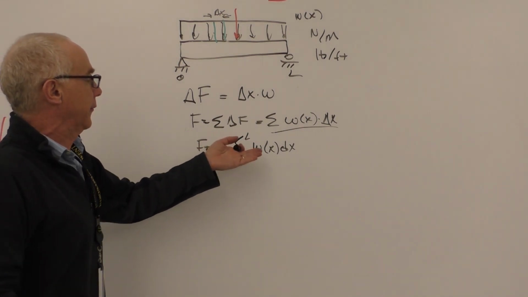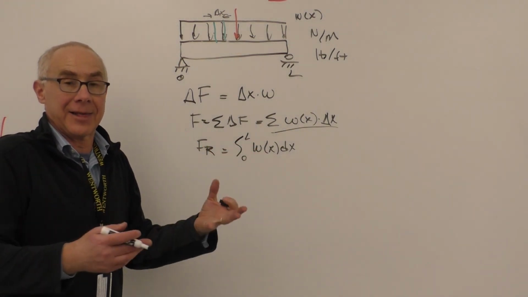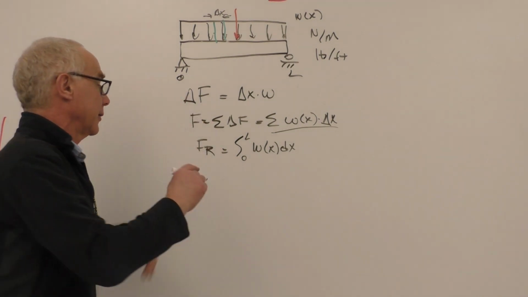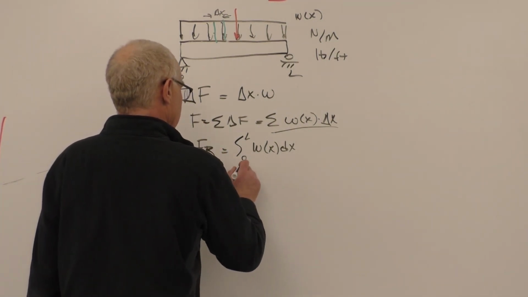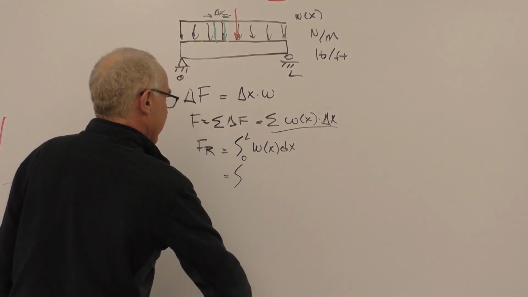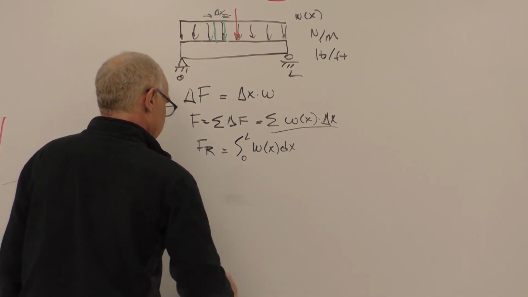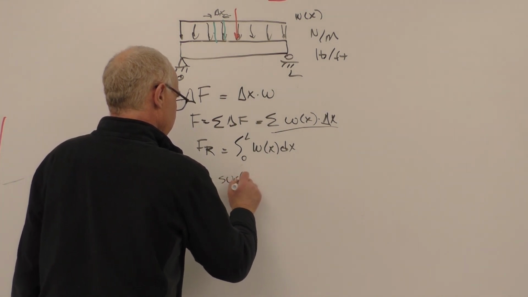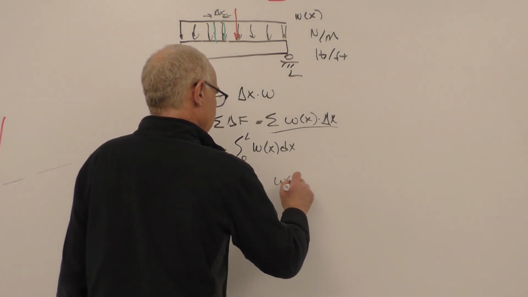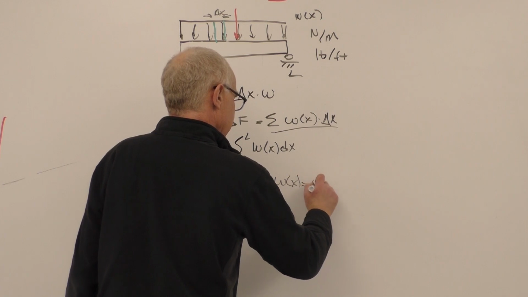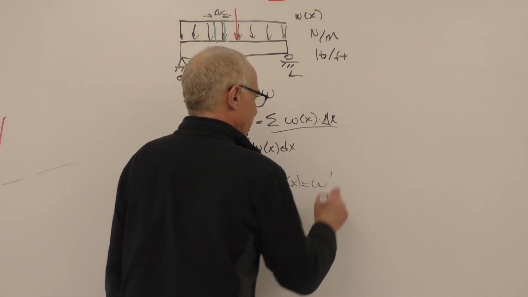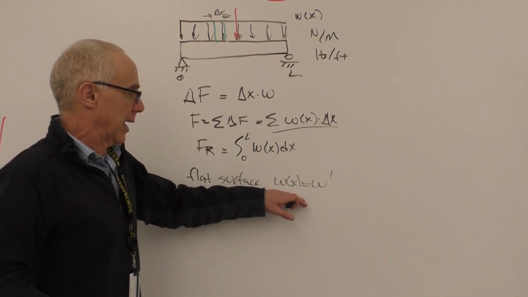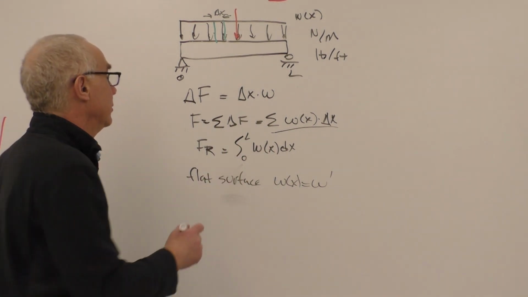Okay, and it would work. If we put a flat value, let's just test this to see if it works for our flat surface. This is for a flat surface only, where W of X equals just W. I'll make a prime here to help us think with it. So W of X would just be equal to a constant value.